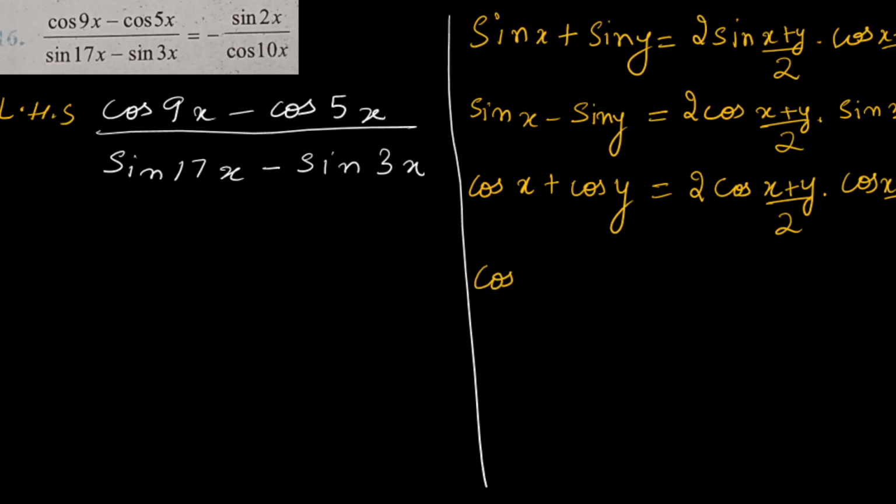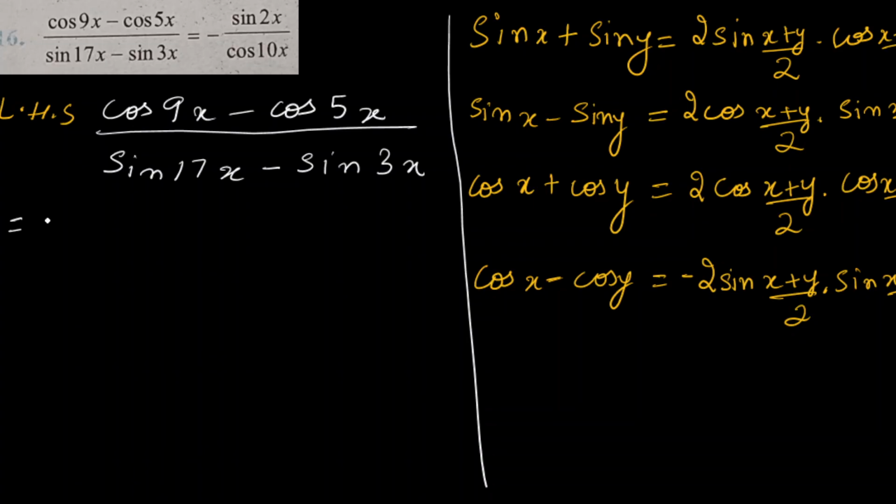Now cos x minus cos y again gives the same function, and with minus we get sine only, starting with minus: minus 2 sine (x plus y) by 2 into sine (x minus y) by 2. These formulas we are going to use in questions 16, 17, 18, 19 and 20.